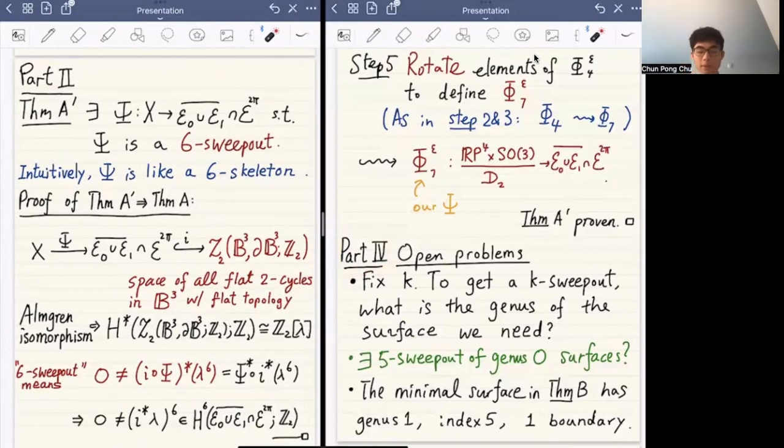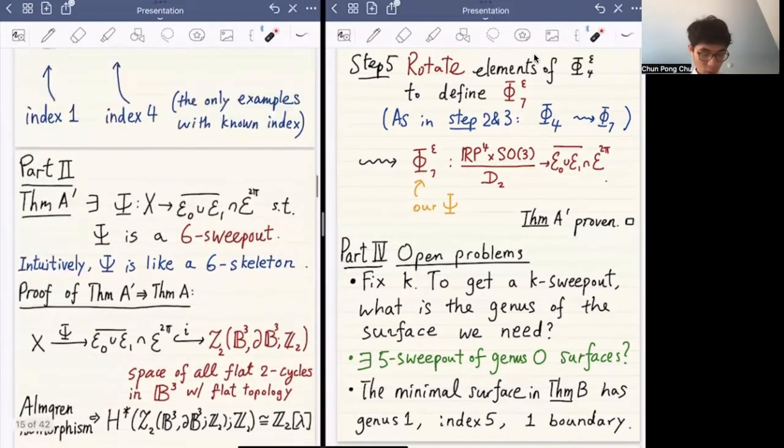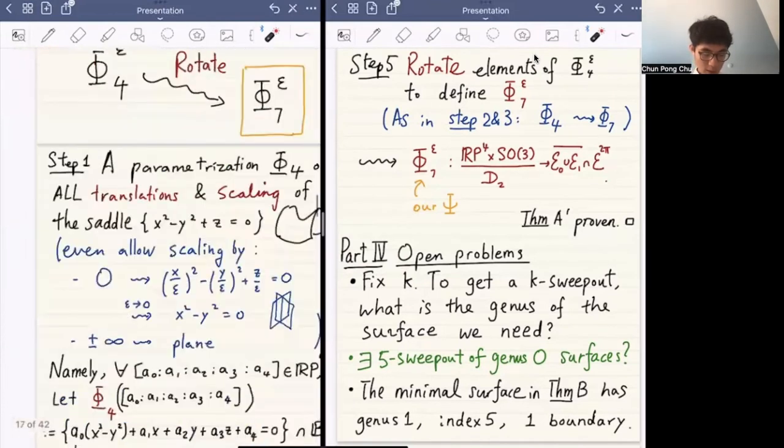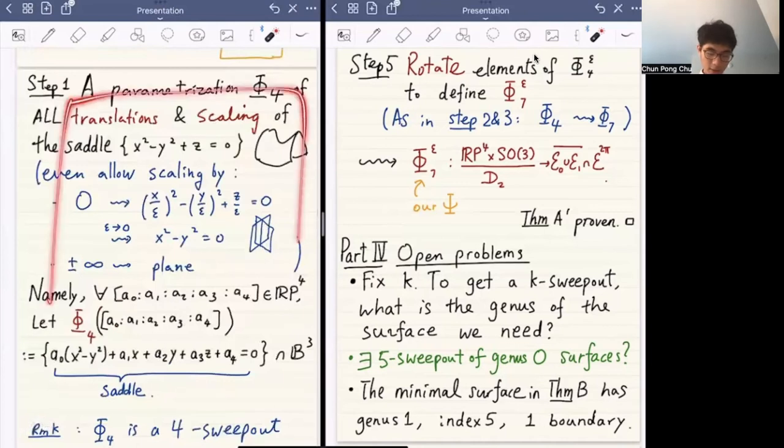If we fix a K, in order to get a K speed bump, what is the genus of the surface we need? For example, if K is 1, 2, 3, or 4, we can get the K speed bump using only genus 0 surfaces, which is due to this family. This is a collection of a set of surfaces, right?